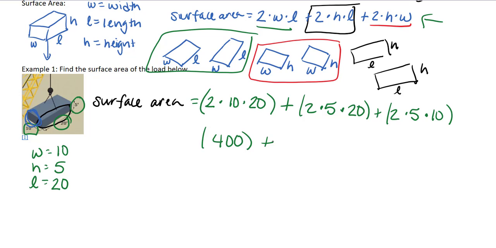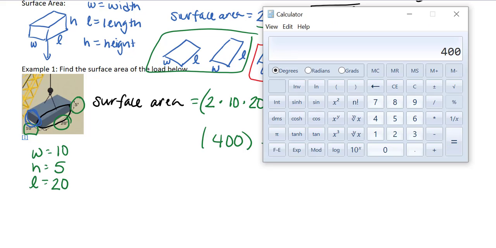Now let's keep going. We have 2 times 5, so that's 10, times 20, which is 200. Once again, we can get our calculators out: 2 times 5 times 20, 200.